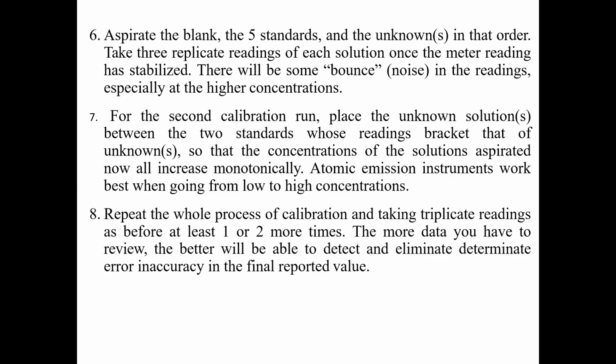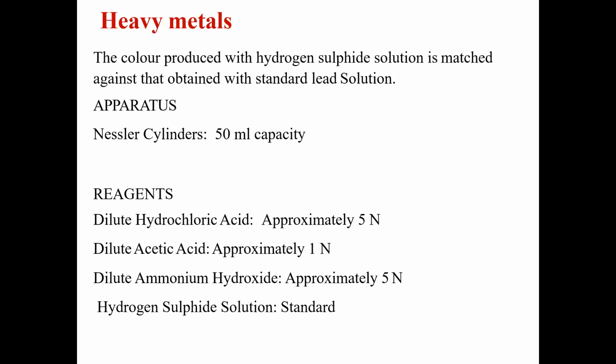Repeat the whole process of calibration and taking replicate readings as before, at least 1 or 2 more times. The more data you have to review, the better we'll be able to detect and determine error or inaccuracy in the final reported value.